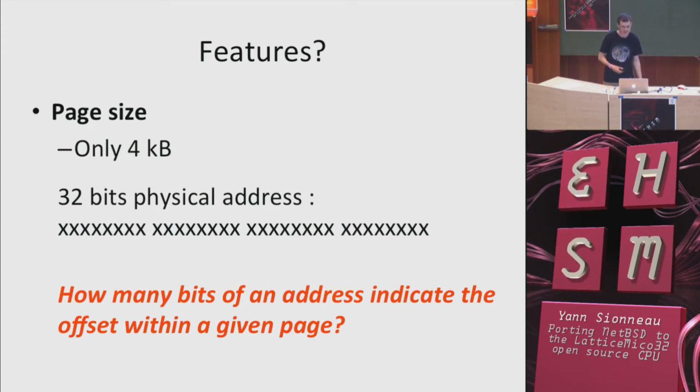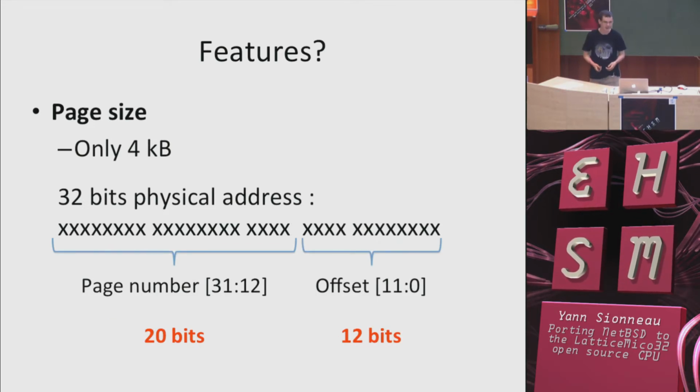How many bits of an address indicate the offset within a given page if we say that the page is 4 kilobytes? 12. Great. So you need 12 bits. Why? Because 2 to the power of 12 is 4096, which is exactly the size of 4 kilobytes. 4 kilobytes is 4096 bytes.